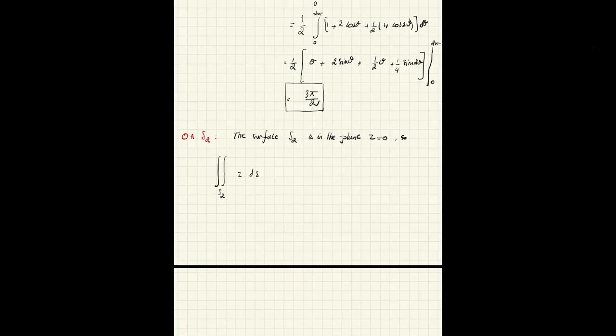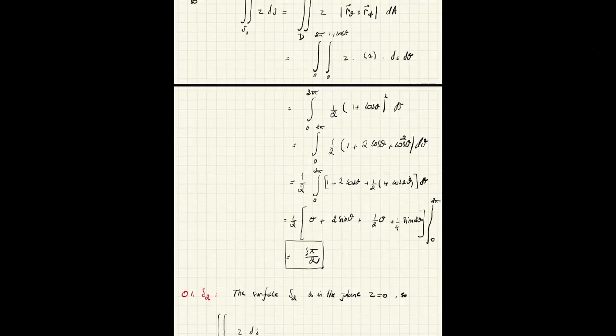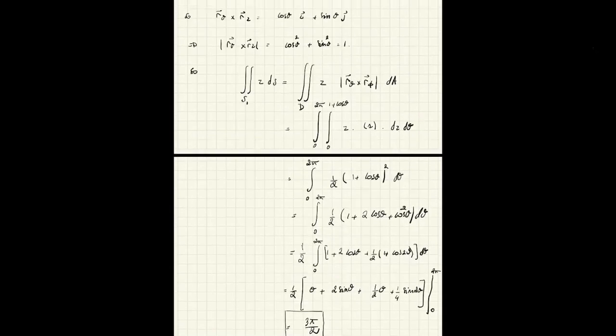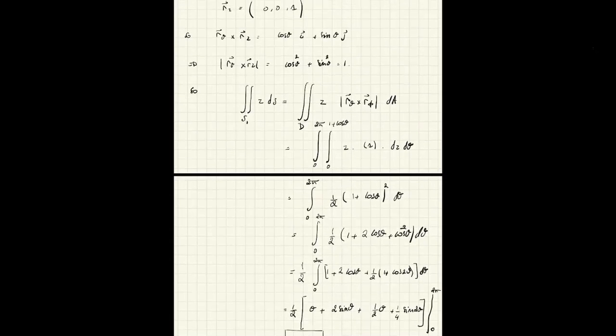Why did you multiply r with z? Which r? Phi, r theta.